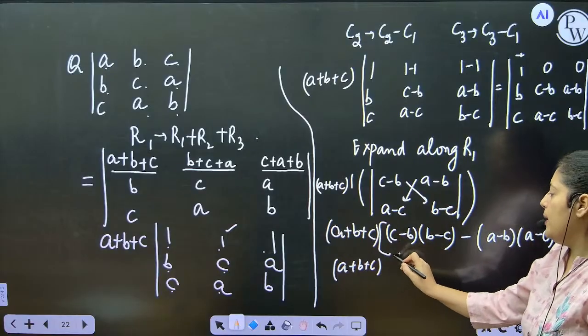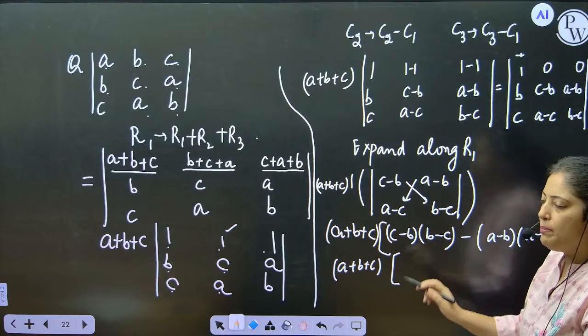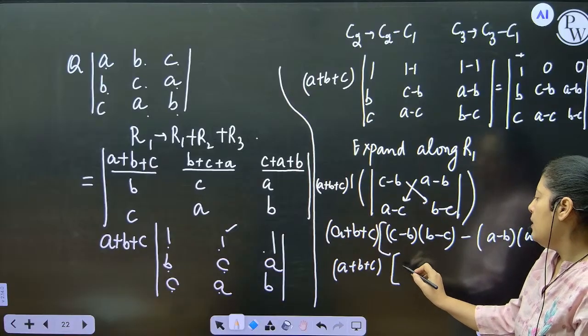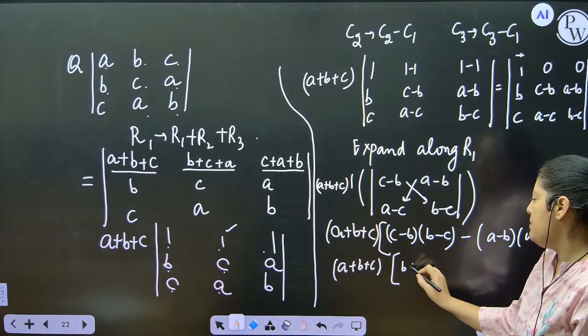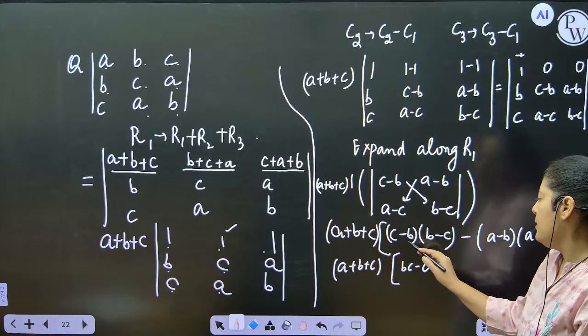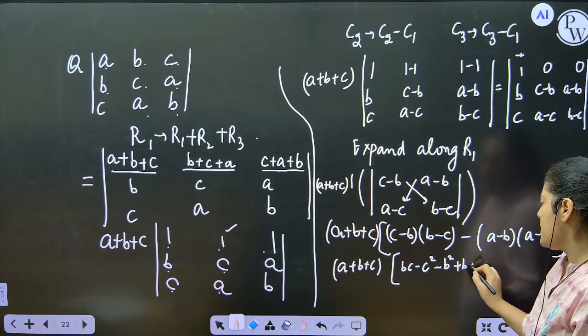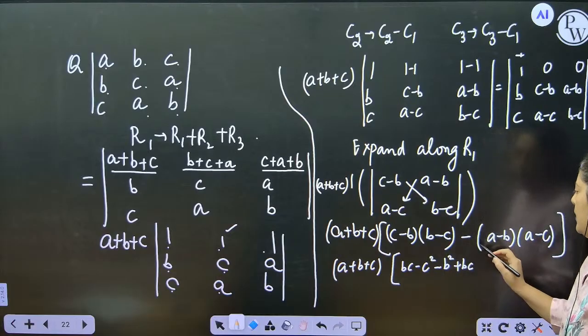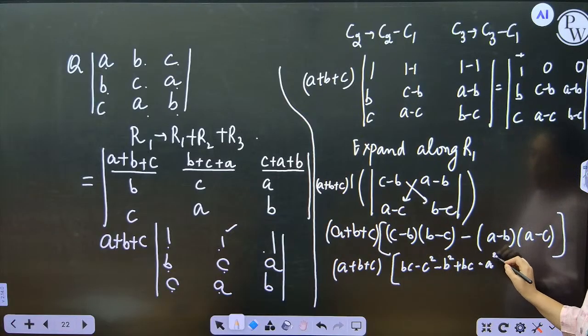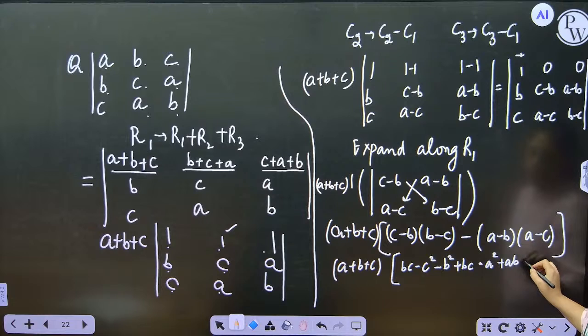This and this, if you multiply, it will come out to be minus sign: BC minus C square minus B square plus BC, minus of A square plus AB plus AC minus BC.